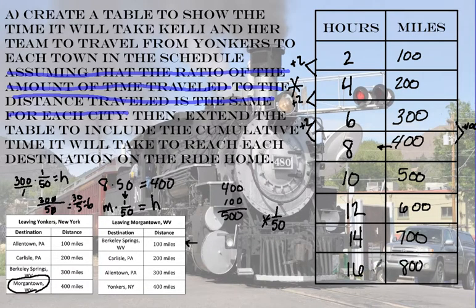And then I can double check this by making sure that my hours times 50 equals my miles. All right, so I know in total the entire trip should take me 16 hours.